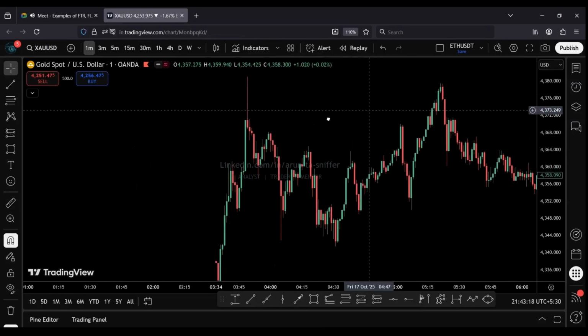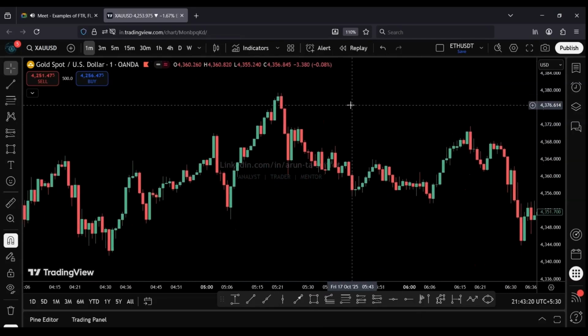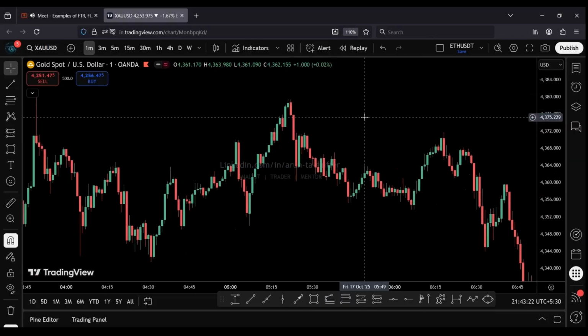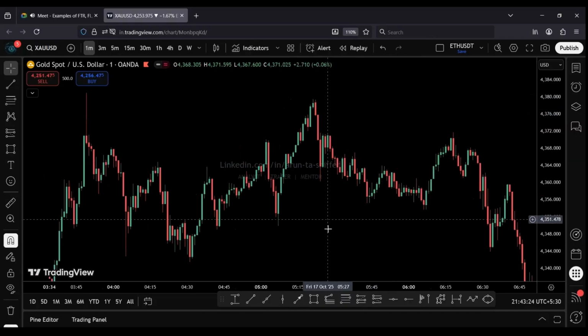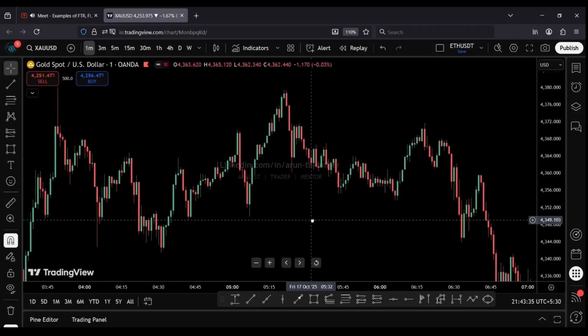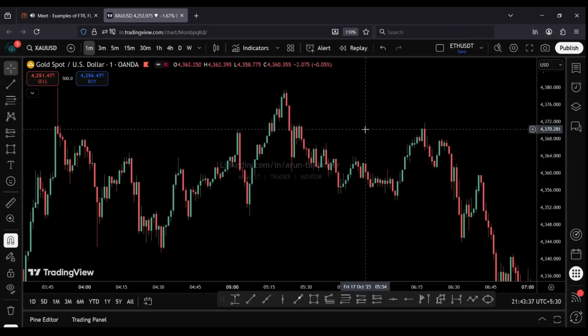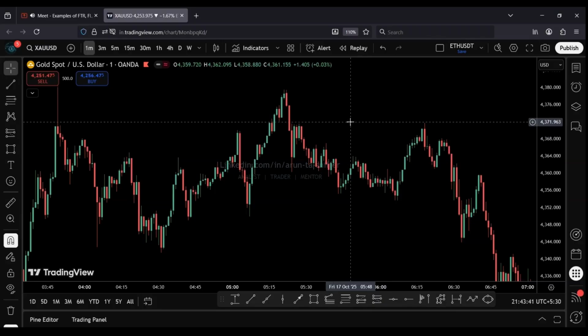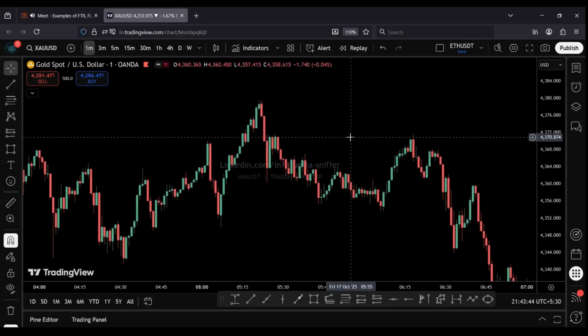Okay, so we will do another easier example. Let's focus on this area. Look at here.